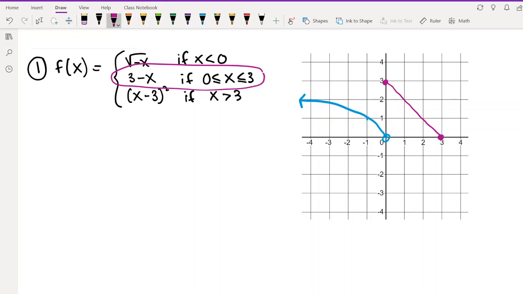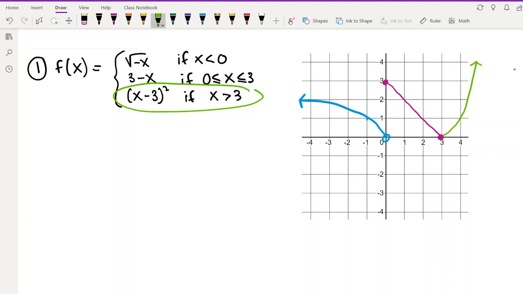And then the last part of the graph is x minus 3 squared. And so what does that look like? That's a parabola that has been shifted to the right by 3, and hasn't been shifted up and down at all. So the vertex is at (3, 0). And so that's going to start right where the purple one leaves off, and it's going to look something like this.